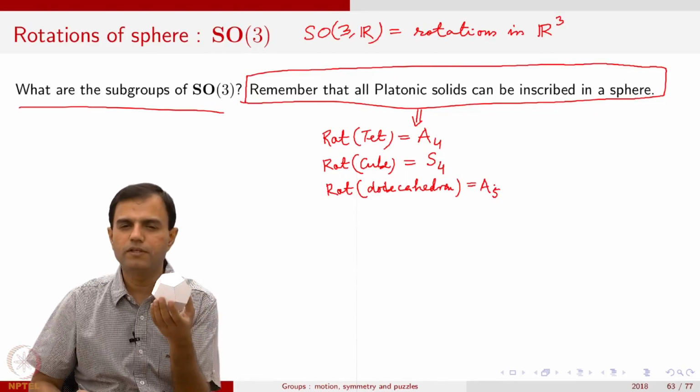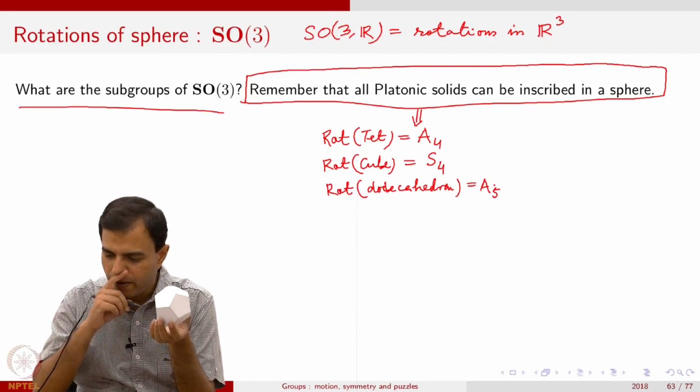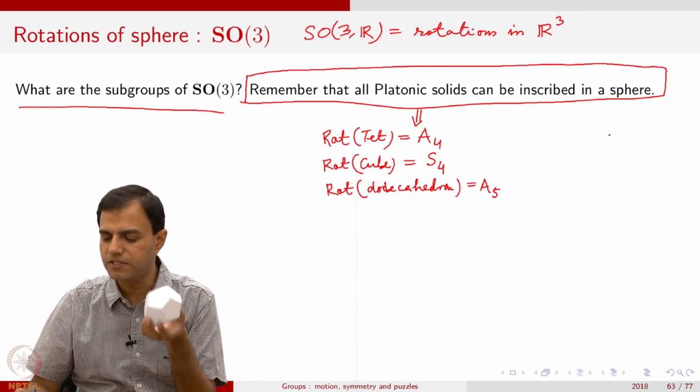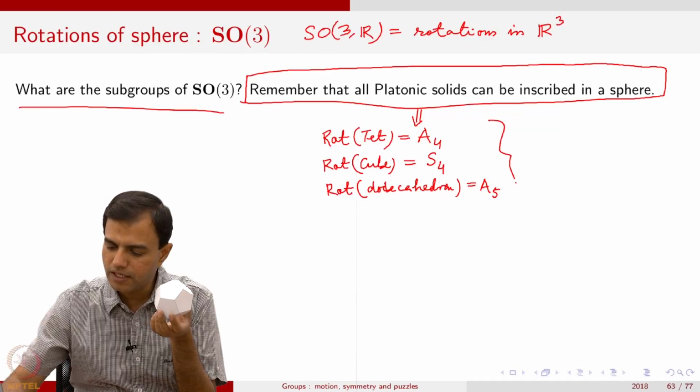So from the observation that all platonic solids can be inscribed in a sphere, what we conclude is that all these are subgroups of SO3.